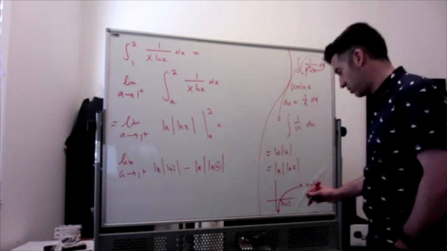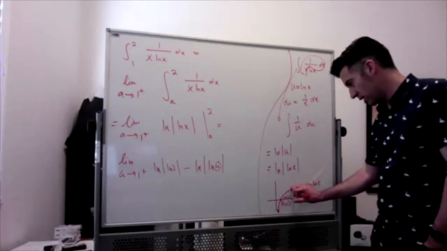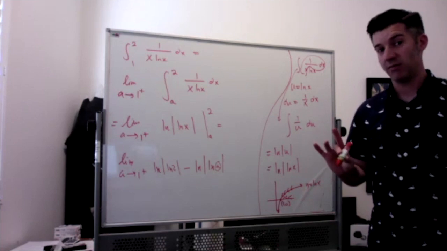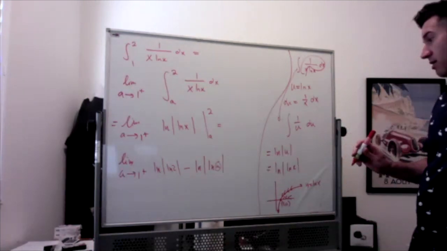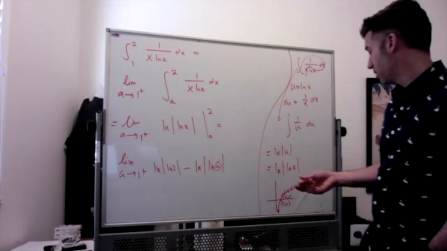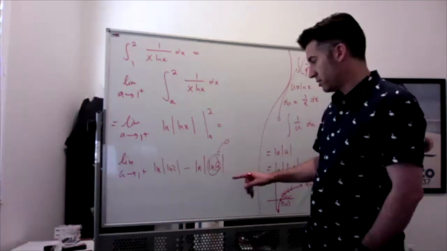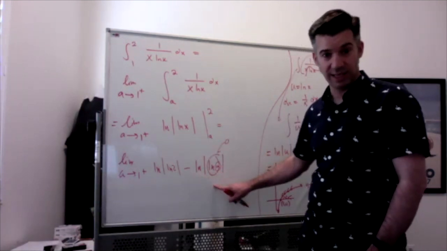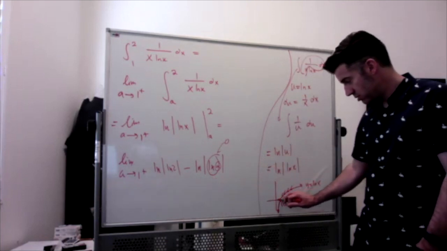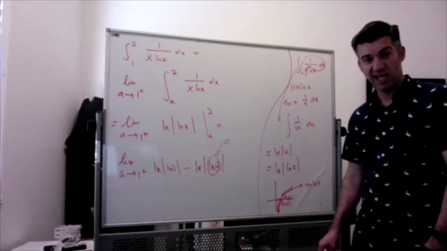If you think about your natural log function, we're approaching 1 from the right, so the function is getting closer and closer to 0 from the positive side, which doesn't matter because I have the absolute value. Then this is going to 0. So what happens to the natural log function when the insides go to 0? Well, when the insides go to 0, your function goes to negative infinity.